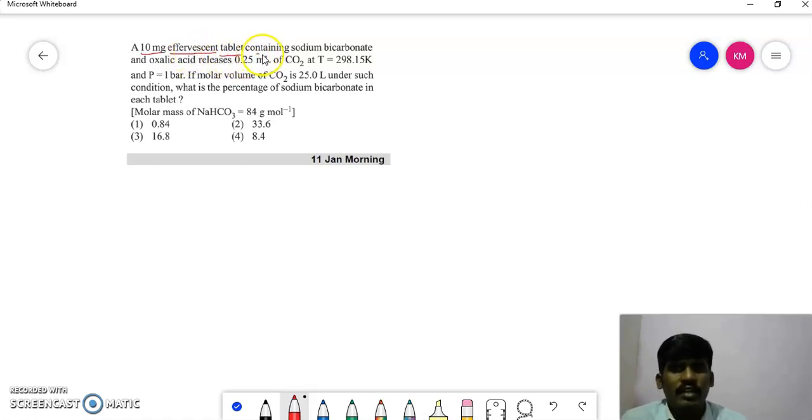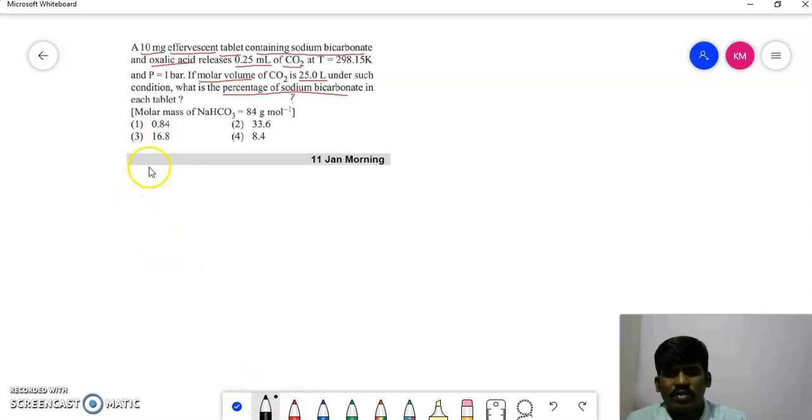That tablet containing sodium bicarbonate and oxalic acid releases 0.25 ml of CO2. The temperature and pressure conditions are given, and the molar volume of the CO2 is given as 25.0 liter under such conditions. What you have to calculate is the percentage of sodium bicarbonate in each tablet. Molar mass is given. So let's take a look at how we can solve this.